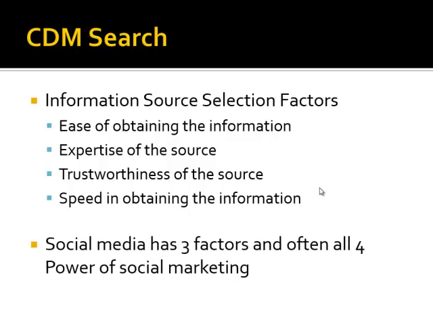Obviously, social media has three of these factors. Ease of obtaining information. We can just hop on our phone or our laptop or computer. Trustworthiness, because it's all generated from buyers and not from the marketer. And speed. We can quickly surf Amazon reviews, check our social networks, other websites that have that type of information.